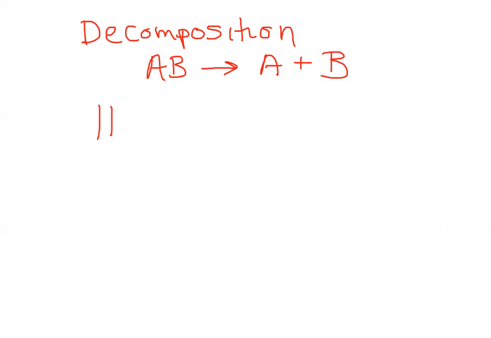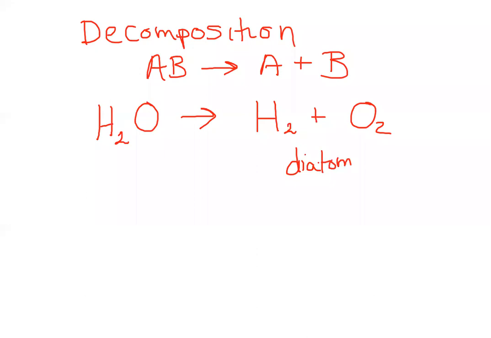So let's look at an example. H2O is going to break down into H2 and O2 because hydrogen and oxygen are both diatomic elements. If you don't remember what that is, go back in your notes or look that up someplace online so that you remember what it is.